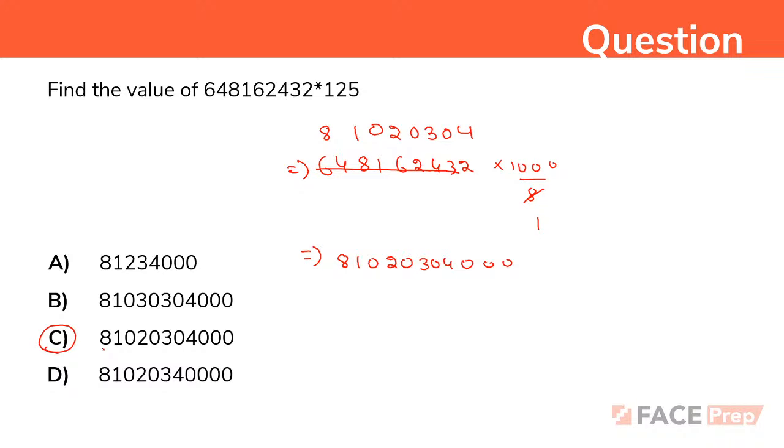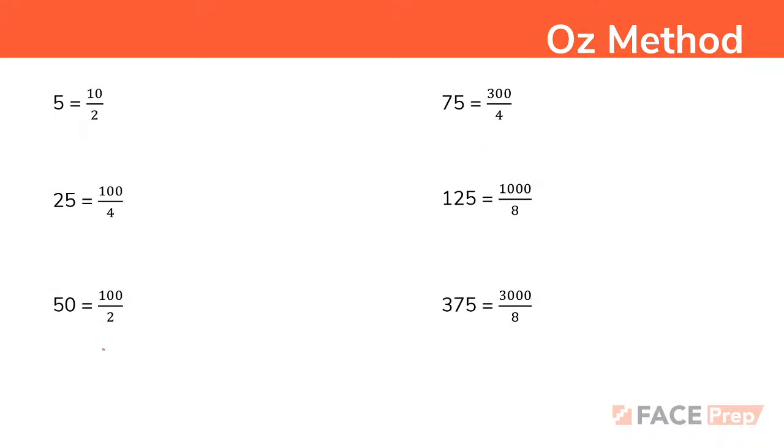So this is what the zero method is. I'll also tell you some of the other values. If you look at 5, we already discussed that 5 is nothing but 10 by 2. We can split 75 as 300 by 4. And if you look at 25, we have discussed already, that is 100 by 4. 50 is 100 by 2. 125 is 1000 by 8, and 375 is 3000 by 8.